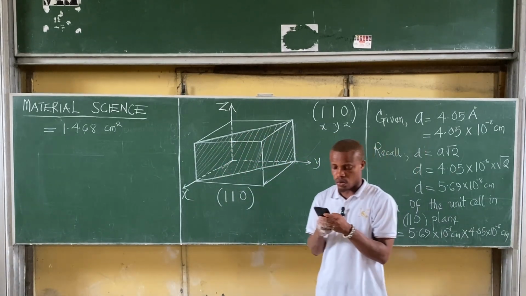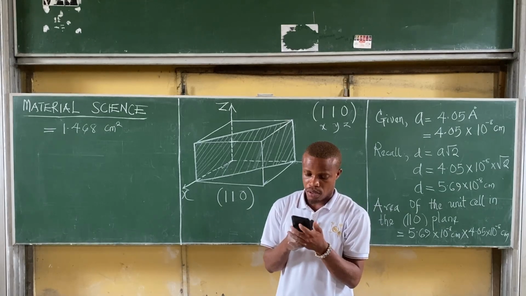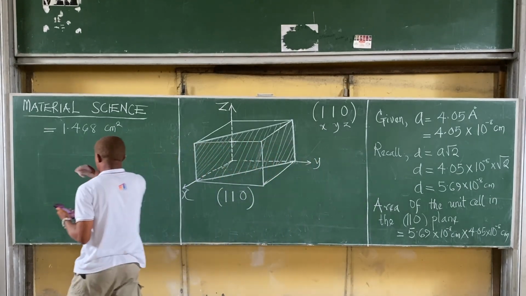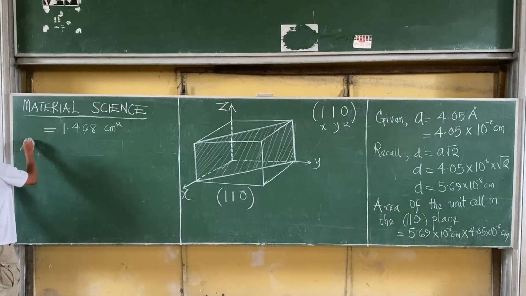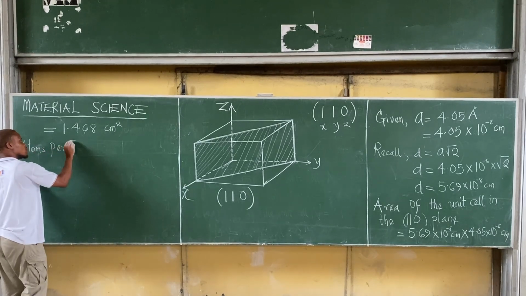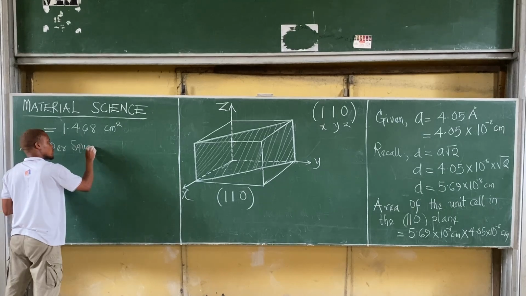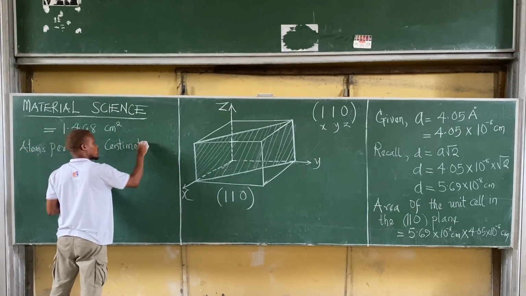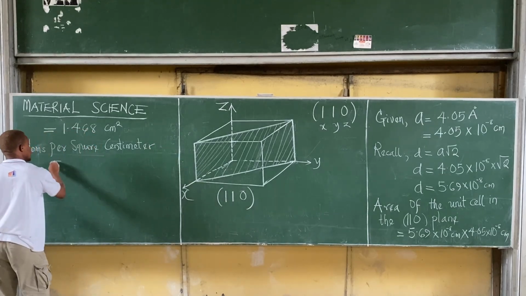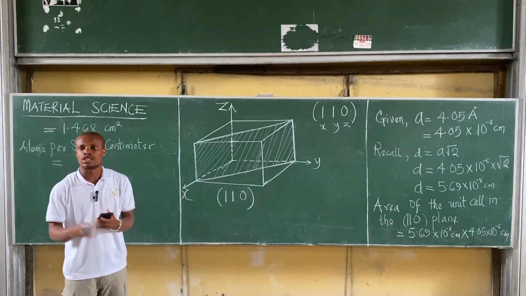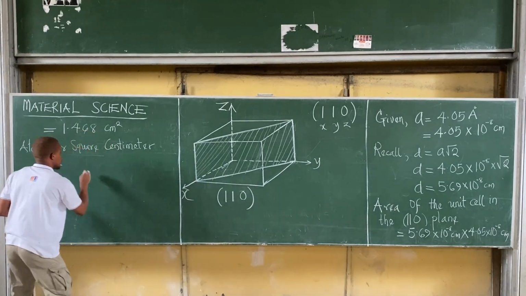So next up, we calculate the atoms per square centimeter. Atoms per square centimeter simply becomes, for an FCC structure, we know that the atoms are what? 4.